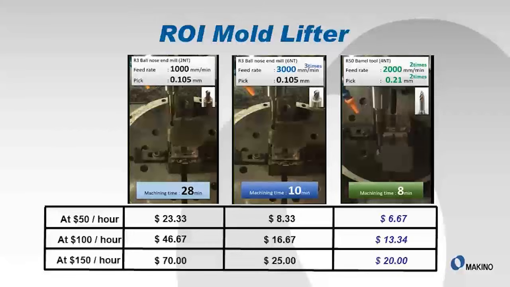And at $150, $70 on the initial approach, $25 on the secondary approach. We're down to $20 for that part on the 5XC with the 4 flute and barrel cutter with 2 times the feed rate and 2 times the pick feed. So again, significant financial incentives to take a look at 5XC.